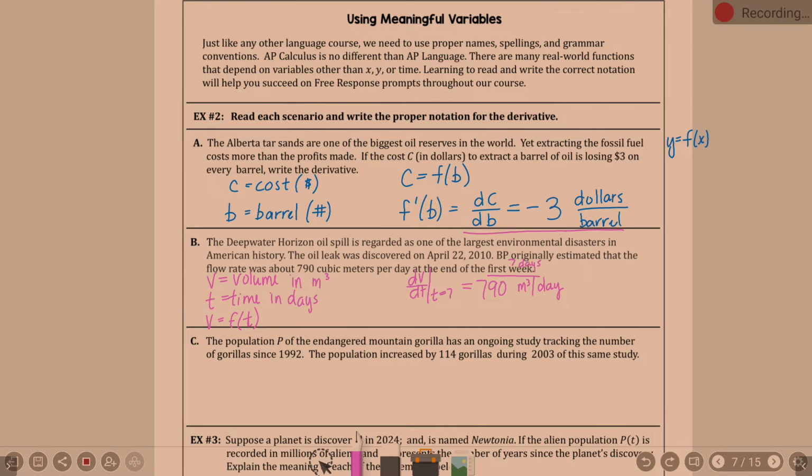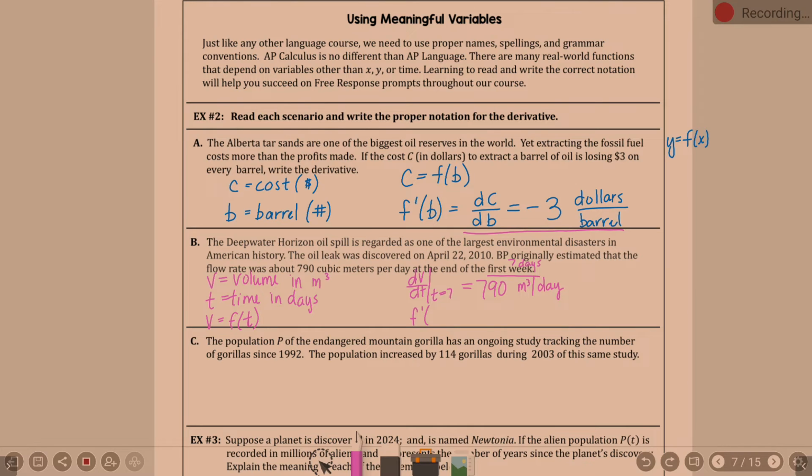Okay. What's the other way to write this besides dV/dt? V prime of t. We were using F though, right? It'd be F prime of, what number are we putting in here though? 7.